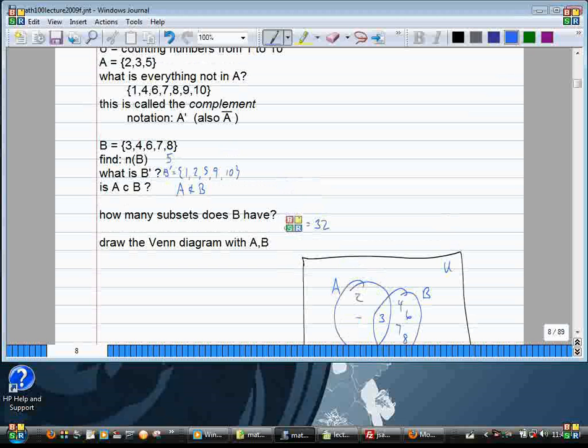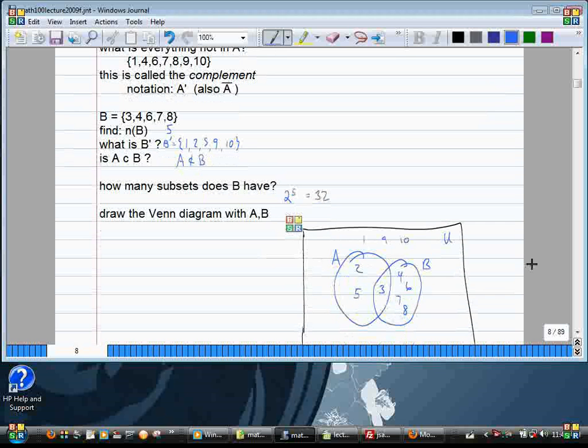And everything else goes outside. Where do 1, 9, and 10 go? In the universe. They go in the universe outside of A and B. Does that make sense? Okay.